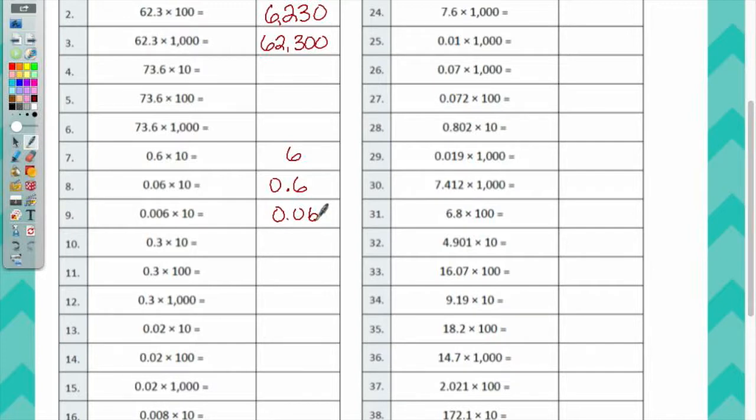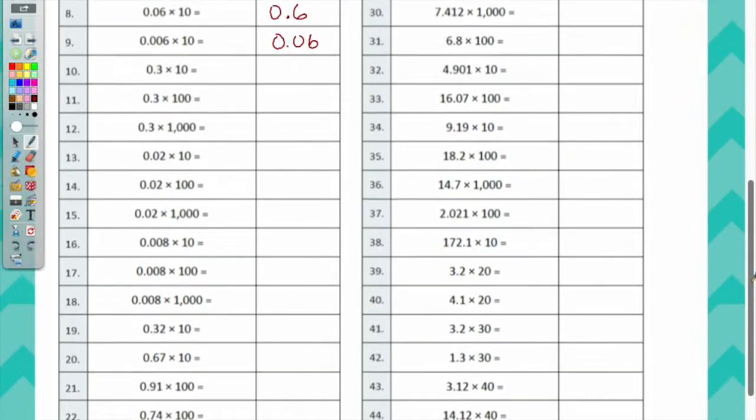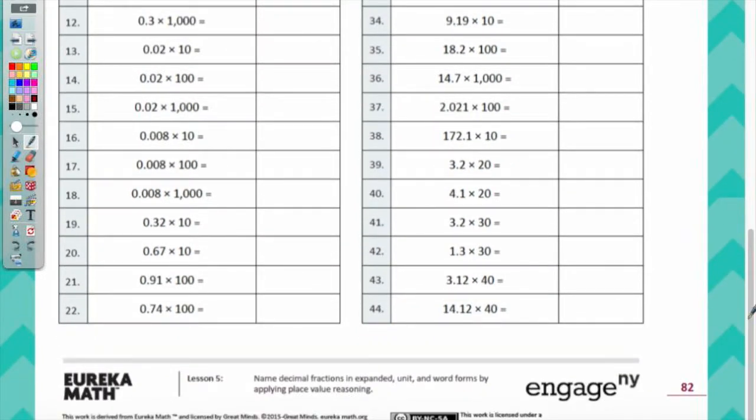5 minutes, and I want to talk to you because starting at number 39, it's a little different. All eyes on number 39. Instead of a 10, 100, or 1,000, what do we have? A 20. So here's what I have to do in my head. 32 times 2.